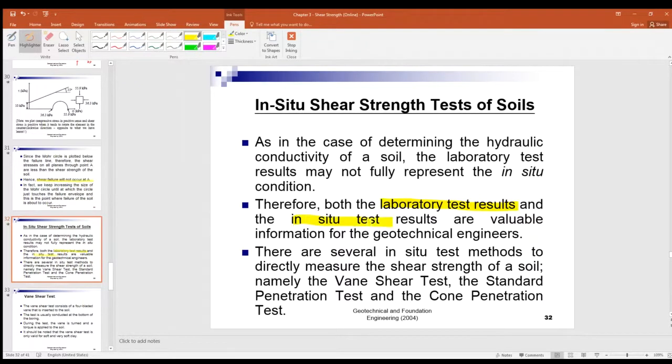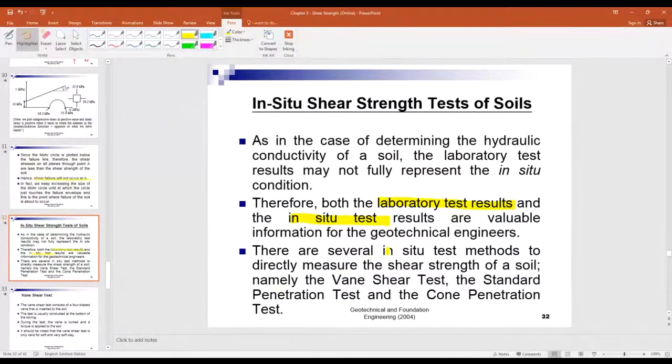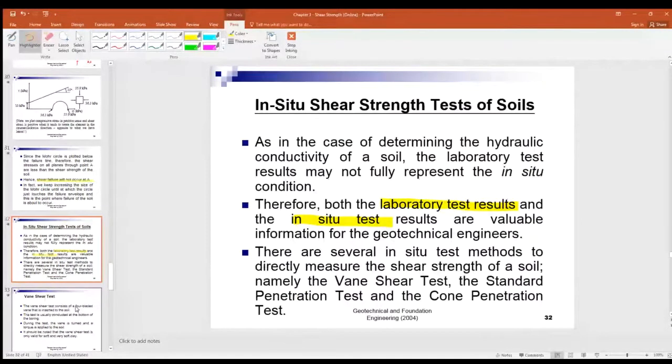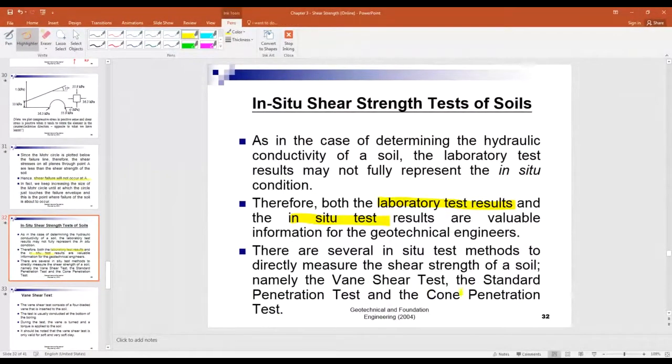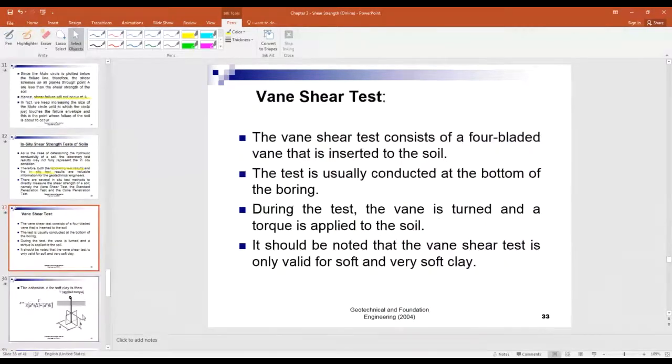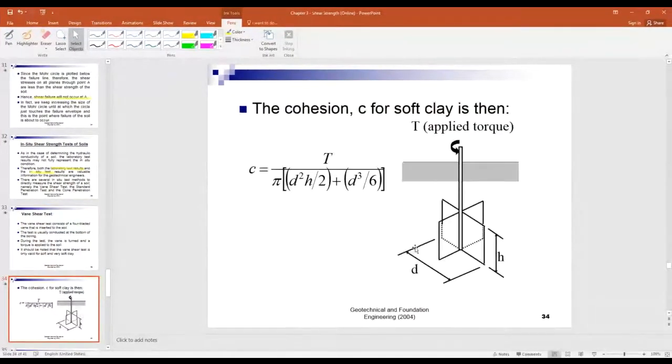They are all very valuable information for the geotechnical engineer, learning about the soil behavior under loading. Now there are several kinds of in situ test methods, including first of all the shear vane test. Now what's it? You can see here, right?